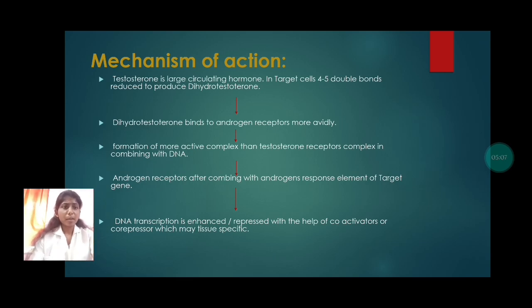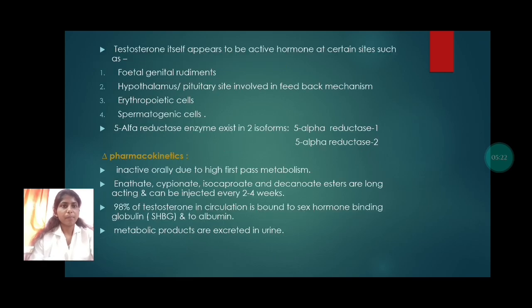Androgen receptors, after combining with the androgen response element of the target gene, enhance or repress DNA transcription with the help of co-activators or co-repressors, which may be tissue specific.